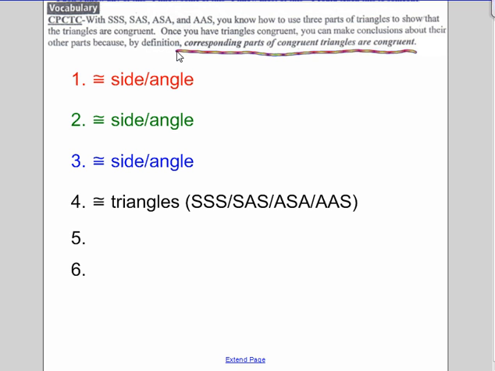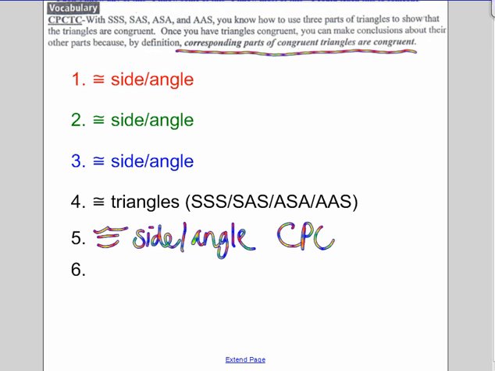So every single time after you prove your triangles congruent by side, angle, side, what you're going to prove is another congruent side or angle. And the reason is going to be CPCTC. Now there's another blank after this with 6 because you might have to do a little bit more.